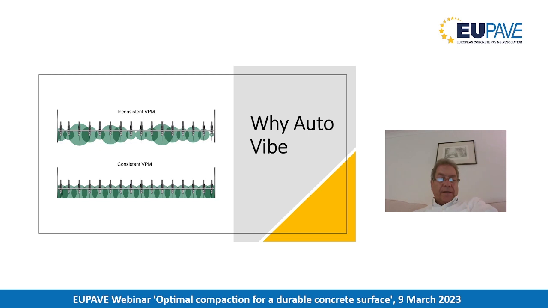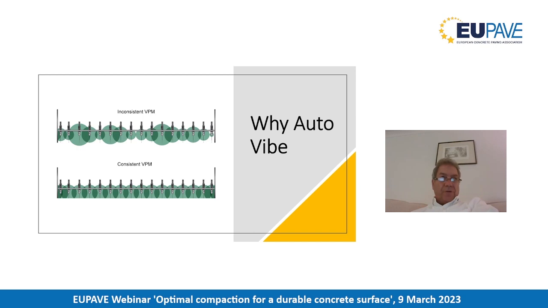The top line shows you the variations in area of influence, and this is very similar to a standard system where the vibrators, although you set them all at the same frequency, due to various wear and tear on the internal elements of the gears in the vibrator or the valves in the valve block, the oil flow is restricted, and as a consequence, your area of influence gets affected.